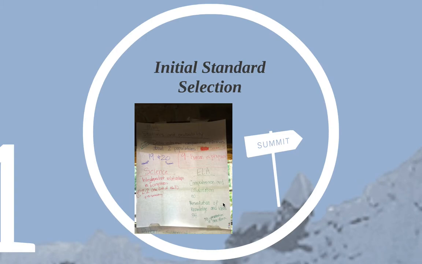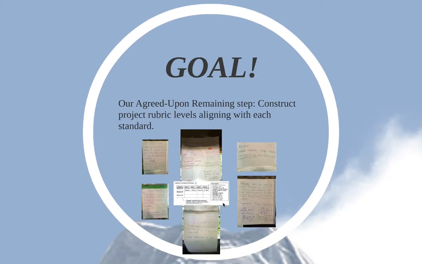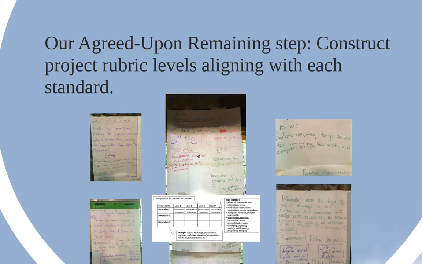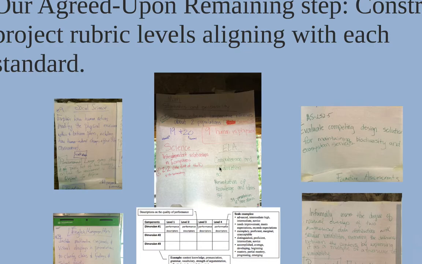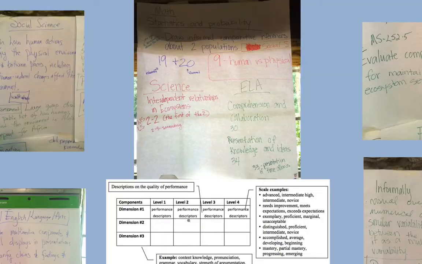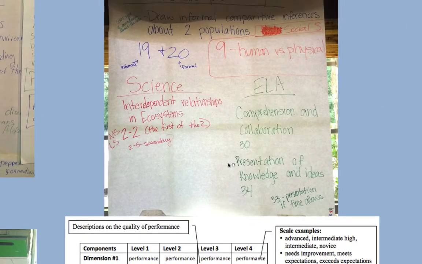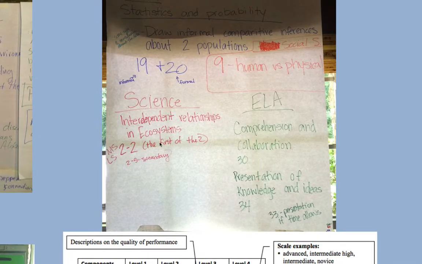Then, so that's what we wanted them to know, and then came the key question of how would we know that they knew it? So we decided then that what we wanted the students to do was on Friday of the week, they would do a presentation and we would construct a rubric with a level 1, level 2, level 3, and level 4 performance for each of the standards we targeted.